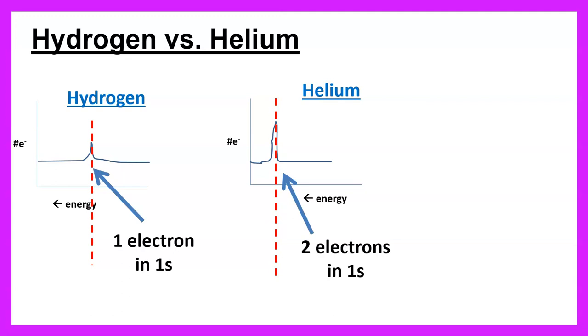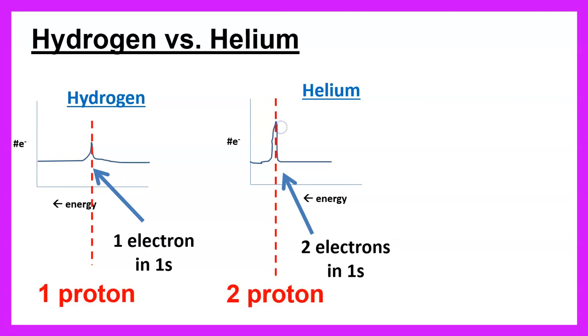Let's think about our periodic trends. What do we know about the size of the atom as we move left to right? Well, it gets smaller, right? Because we have more protons pulling harder on those electrons, pulling that radius in smaller, more nuclear attraction, so it's harder to take them away. I can verify that that idea is true based on the left to right placement of these peaks, right?